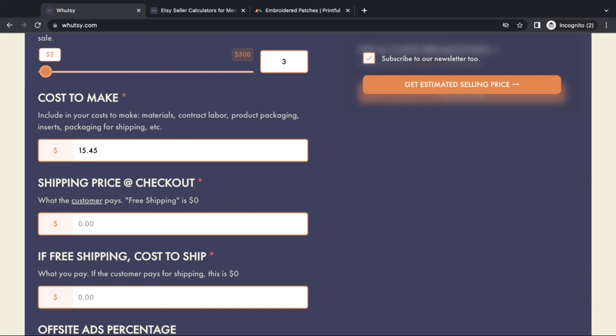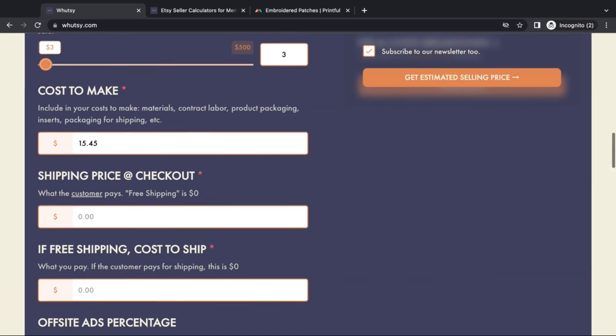If you're selling individual sheets, one sheet, what does that cost you? And then any inserts that are going into the packaging, and then the packaging itself, the shipping package that it goes in, you would want to include that in the cost to make. Basically, whatever it costs you to get that package to the door.